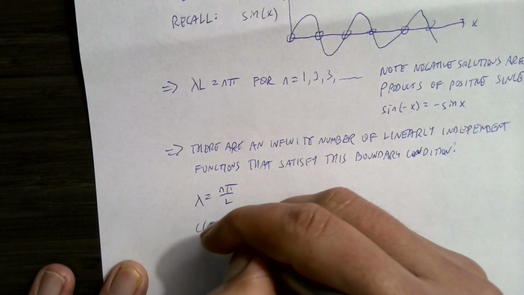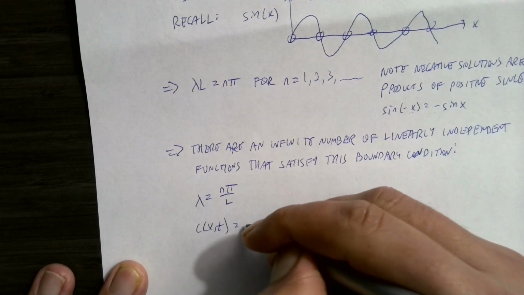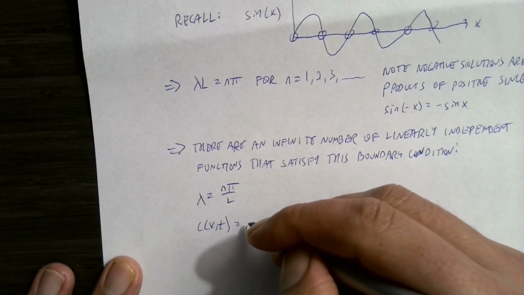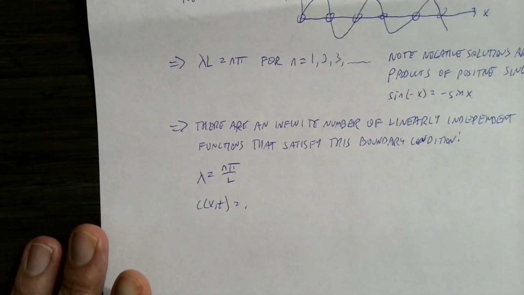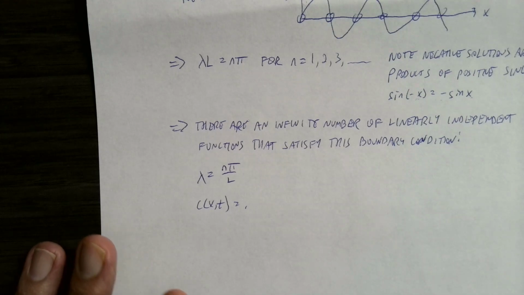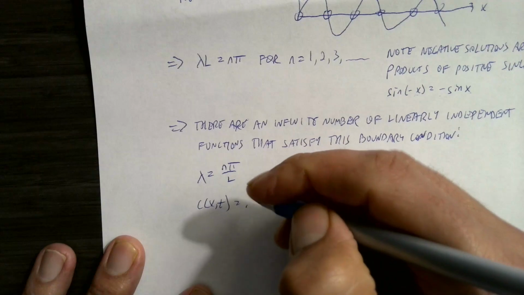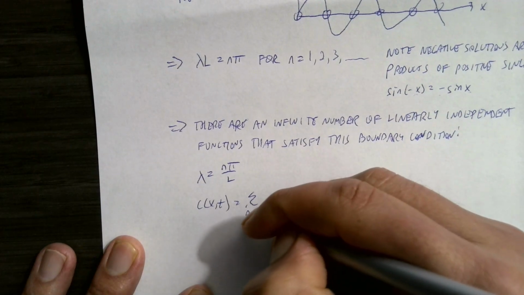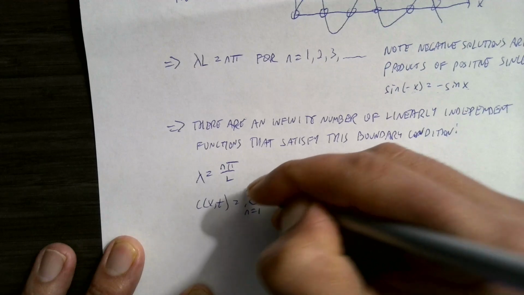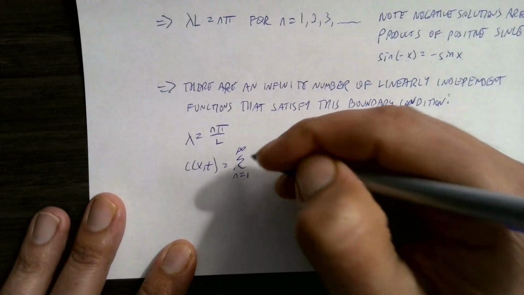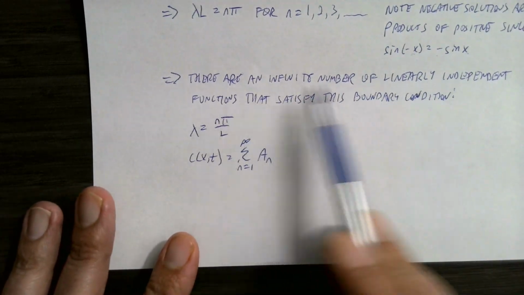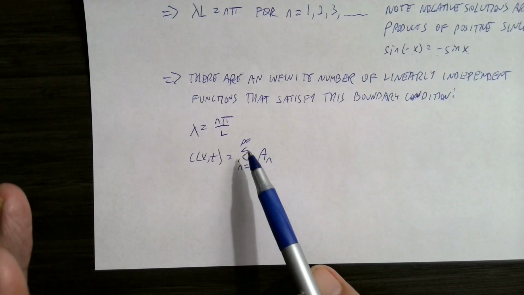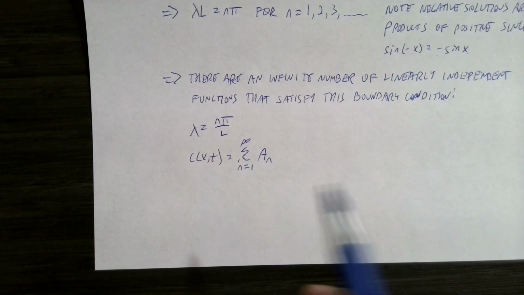But so then we can say that C of x,t is equal to, so we have to sum up all the possible values of n. So we need to take the sum from n is 1 to infinity of each of these. So there's an infinite number of linearly independent functions, and each of them could be multiplied by a constant, and they would still be a solution.